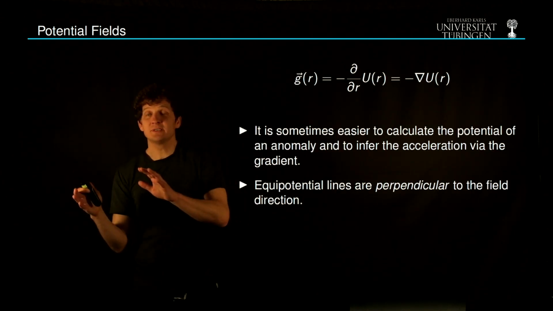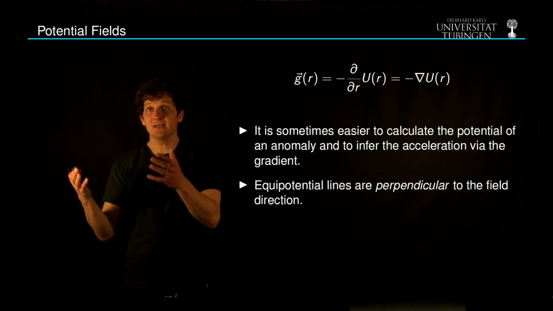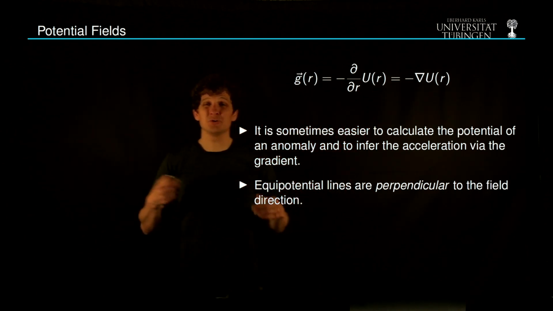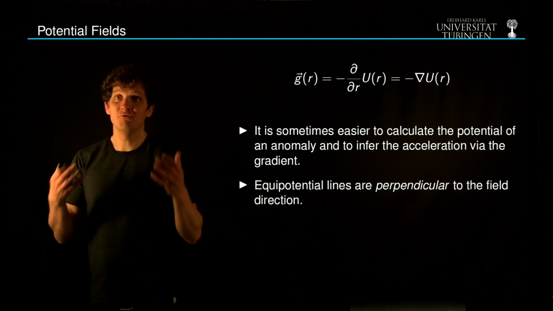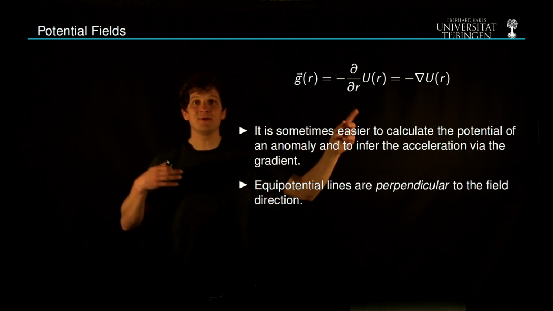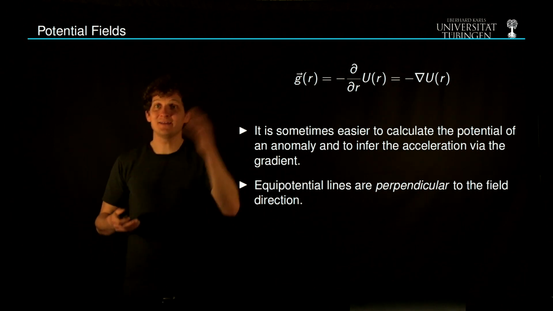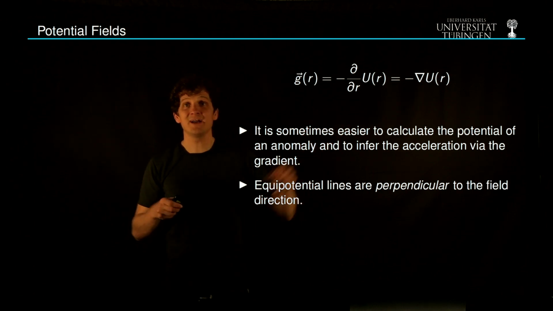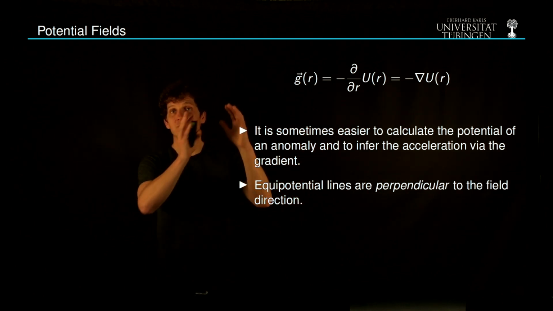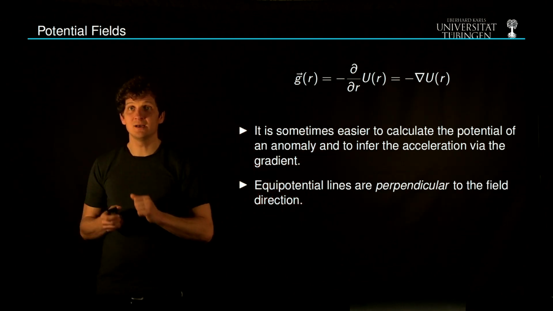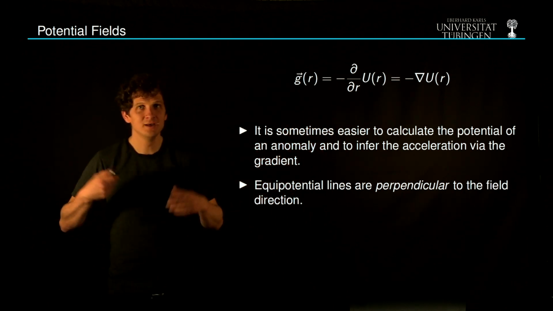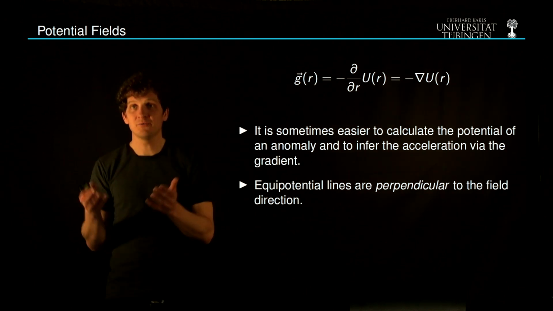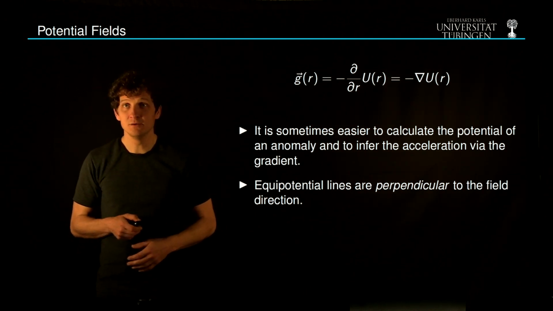So whether I use the gravitational pull or the acceleration field, meaning the vector nature, or whether I use the potential field, those two things are very similar and they are related either via the integration to go from the vector field to the potential field, or via taking the derivative, meaning going from the potential field towards the vector field. And here the derivative is only with respect to the radial direction because of this entire spherical symmetry.